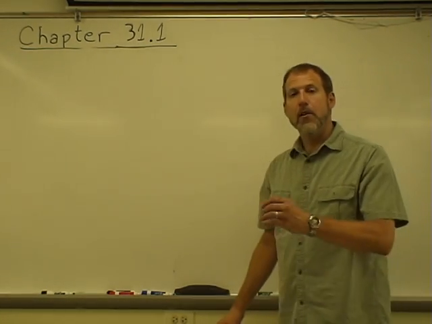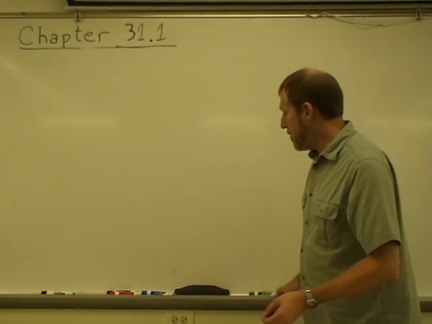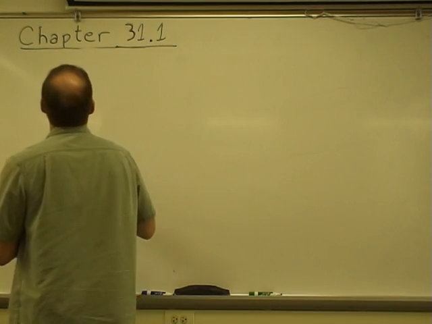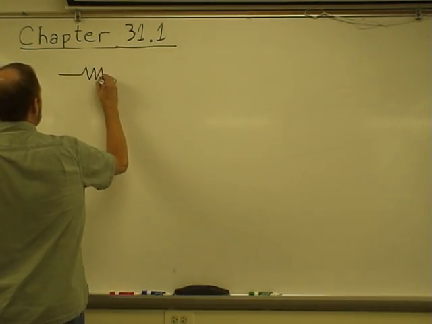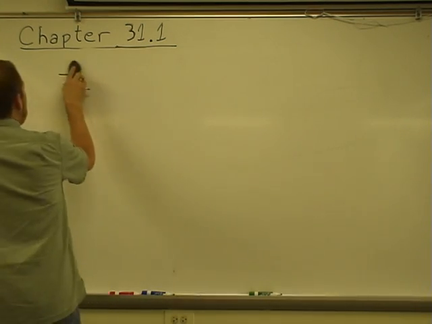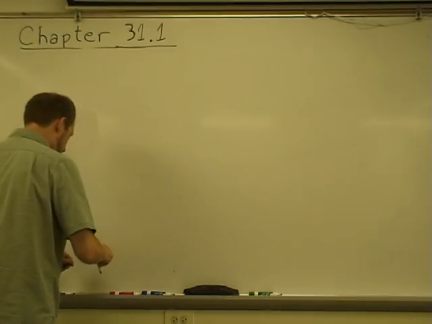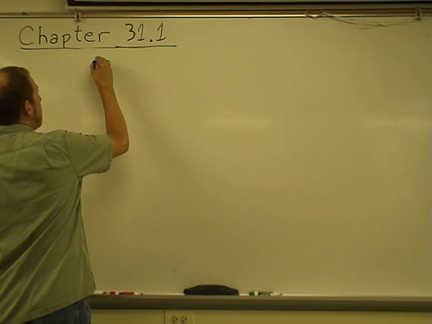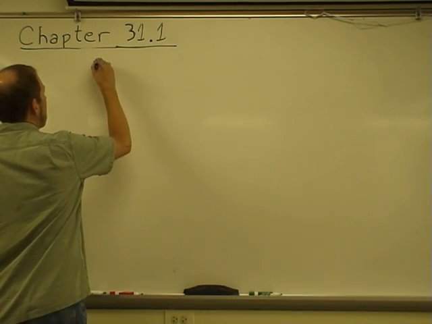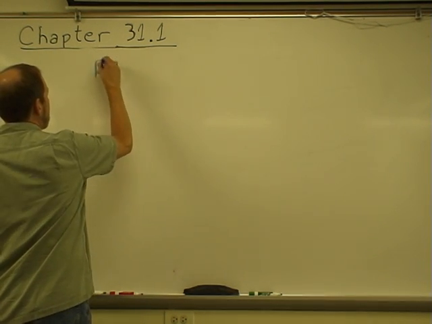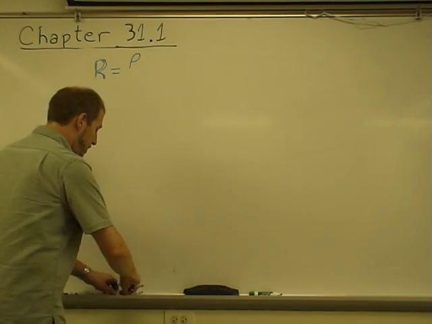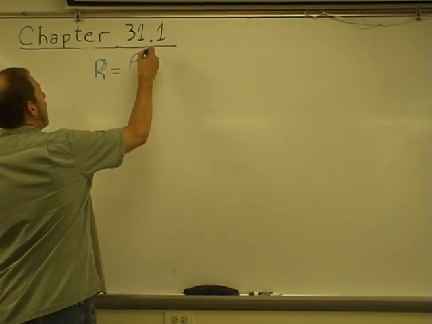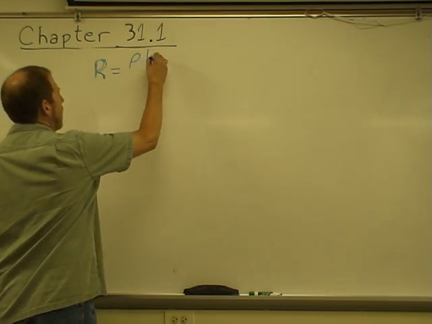Now that we have the concept of resistance, we have the resistance of a piece of material defined such that the resistance is equal to the resistivity rho times the length of the object.